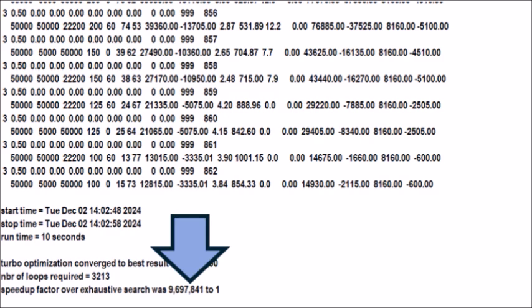In other words, what takes our software 10 seconds to run would require traditional software on the same computer doing an exhaustive enumeration 112 days to run.